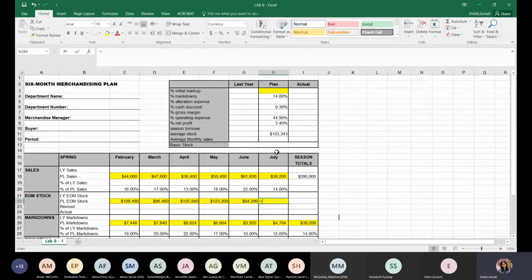The last month's EOM is going to be average stock. The month for July, it's going to be an average stock.